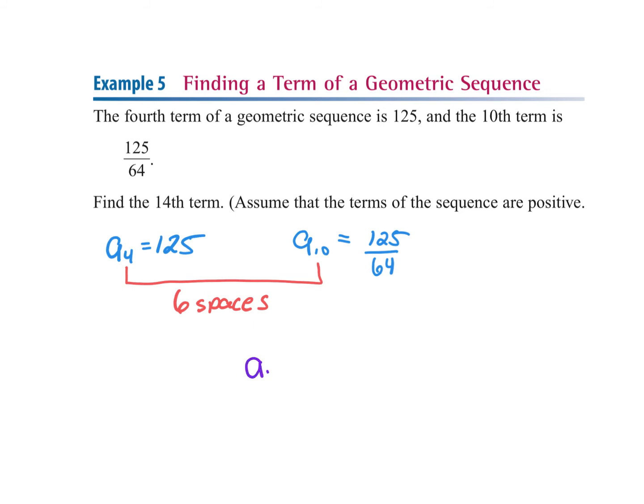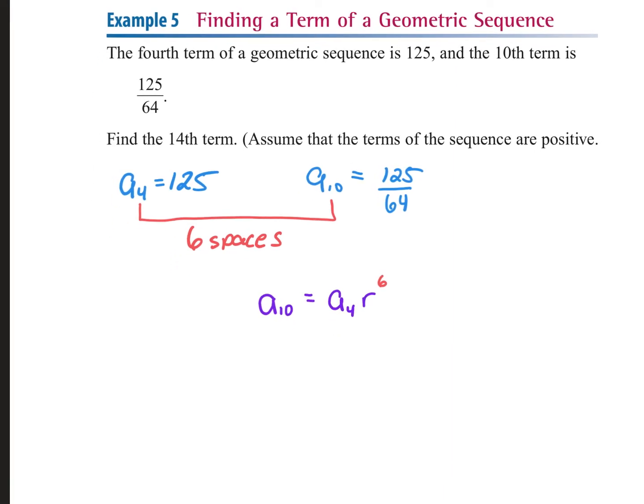So a sub 10 equals, if I was going to write this rule or any rule, a sub 4, the term that we're talking about here, times your common ratio. This is where our 6 goes, to the power. So geometric uses exponents, so that's how we find our R.